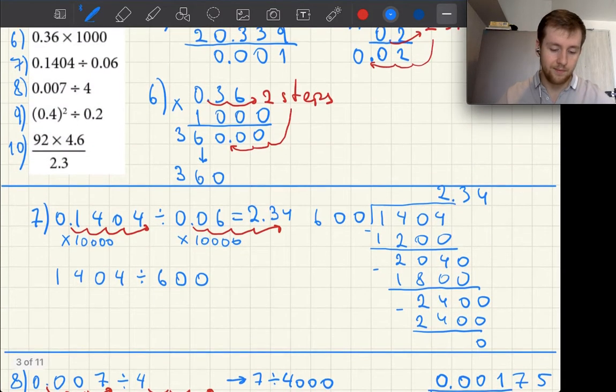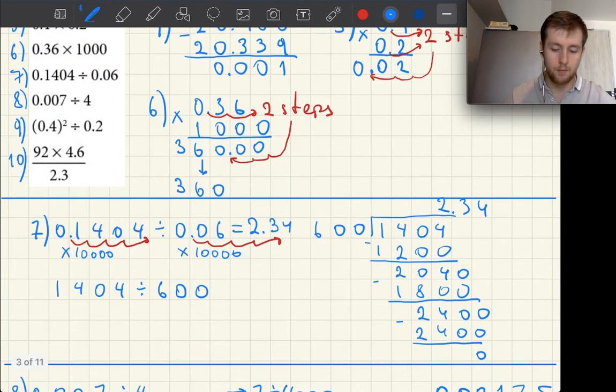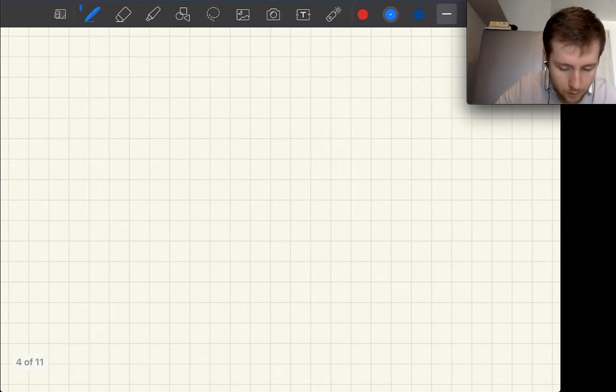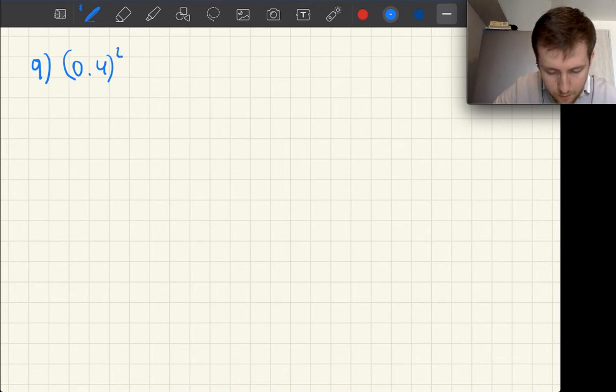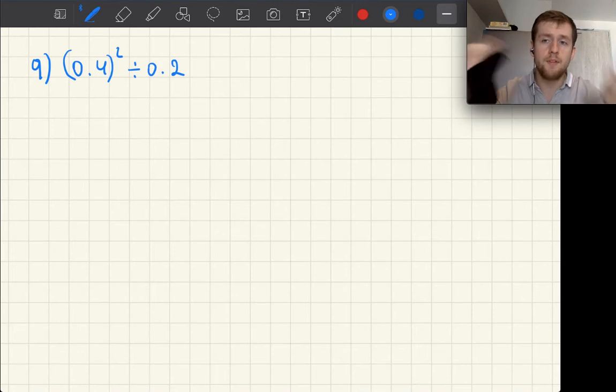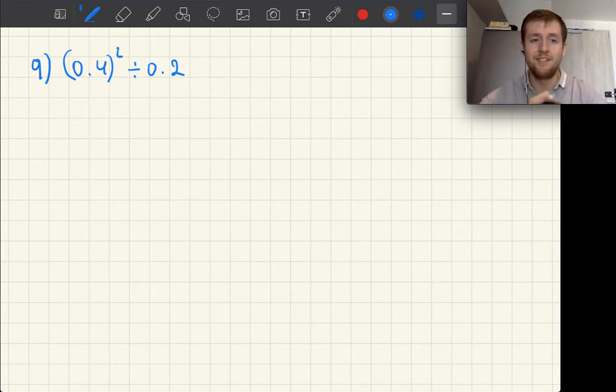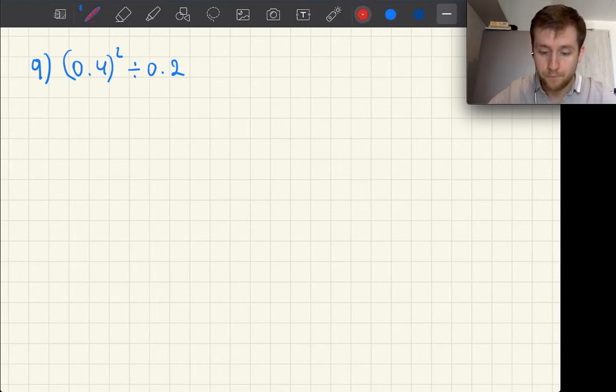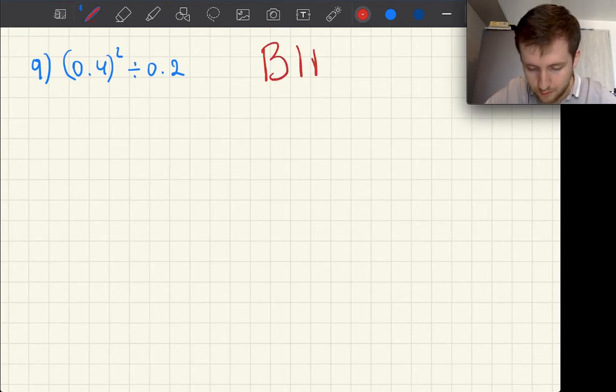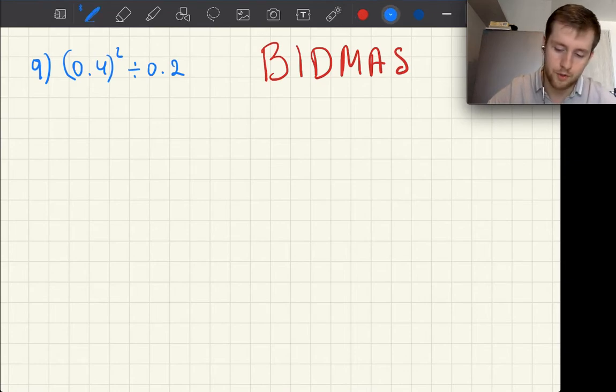Okay, let's keep going. So next we have 0.4 squared divided by 0.2. Here there's two steps. Again, please don't forget about BODMAS or BIDMAS, as we say. Very important part of math. So BIDMAS tells us that first of all we have to do orders. So first of all we have to do 0.4 squared.